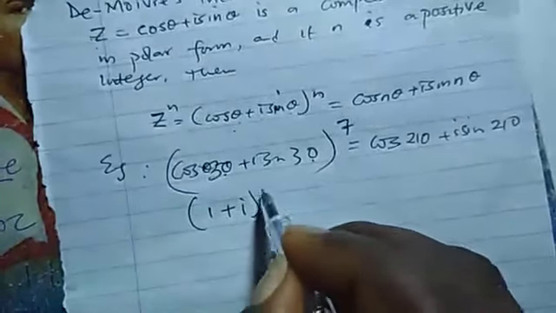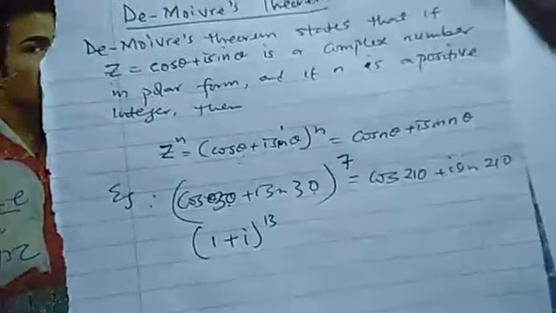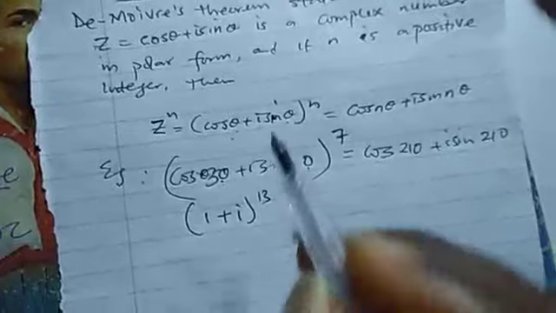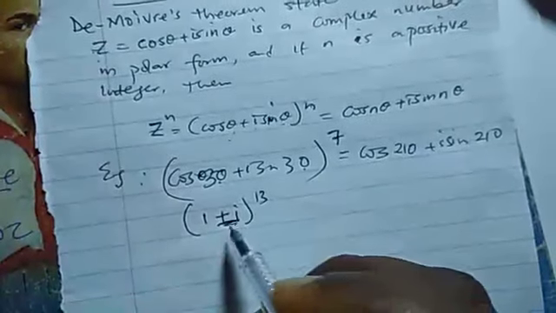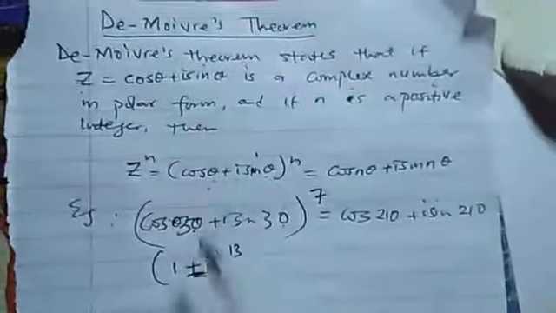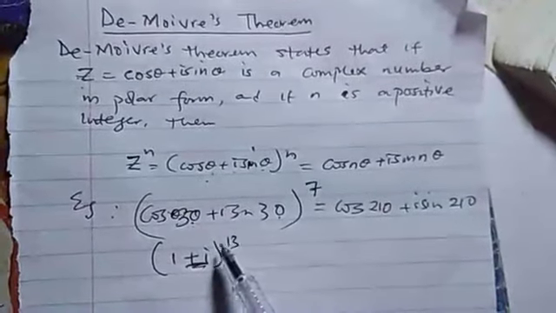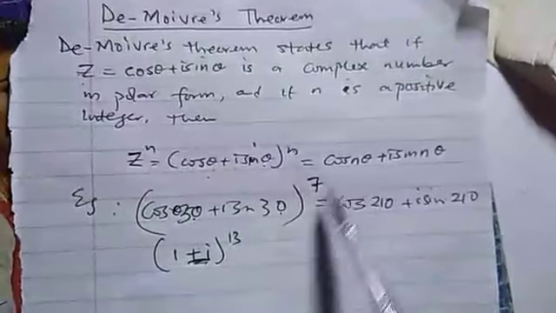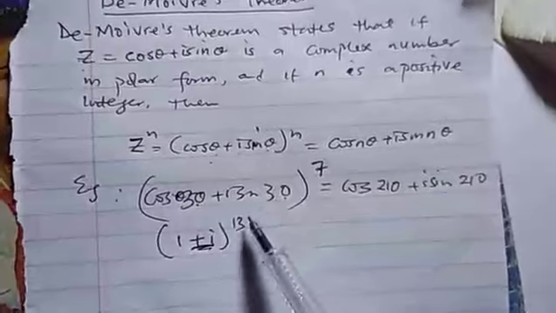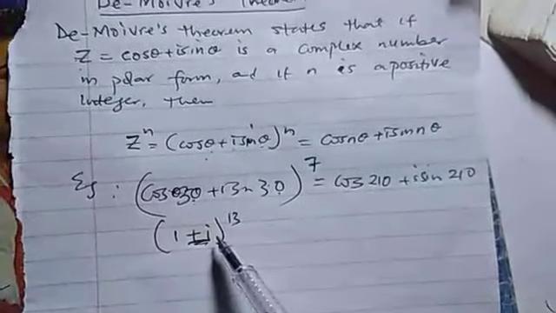Let's say (1 + i) raised to power 13. We want to expand it. It's very, very easy for us to expand. But before we can apply De Moivre's theorem, it has to be in polar form, but it is not in polar form here.